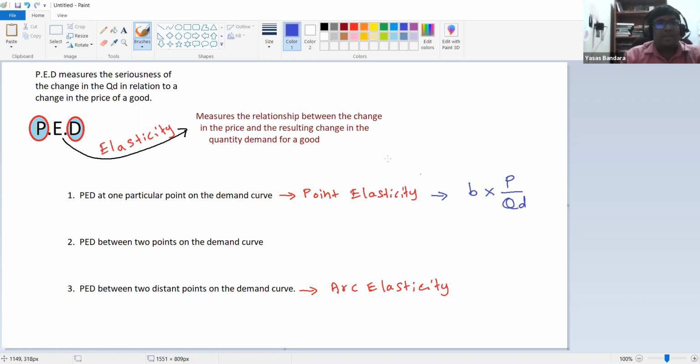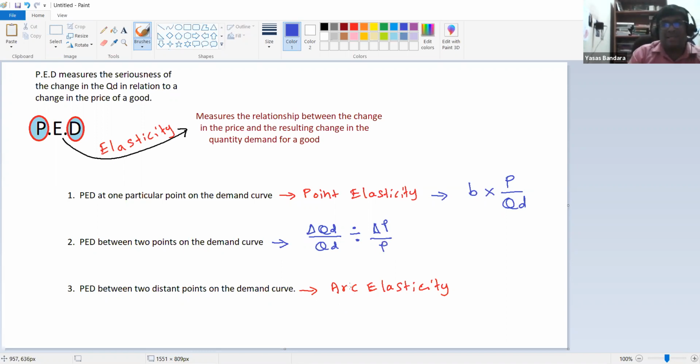Now, how do you calculate elasticity between 2 points? Second one, delta. Delta is change. Delta QD over QD divided by delta P over P. Or you can adjust that equation according to the way you want it.